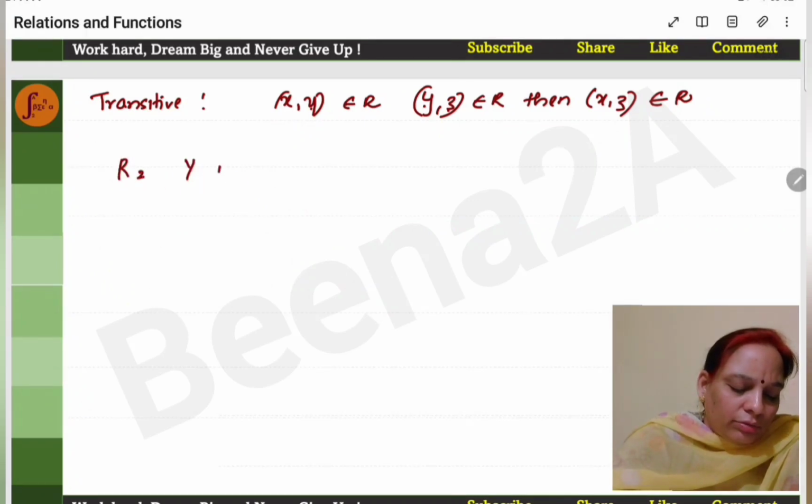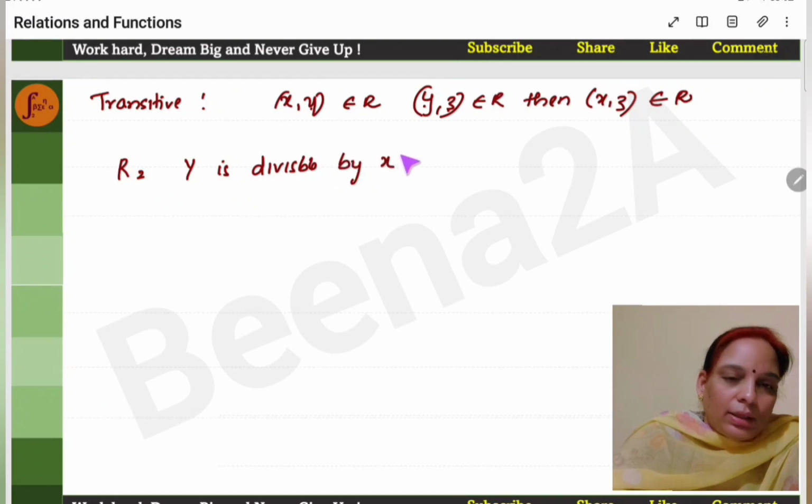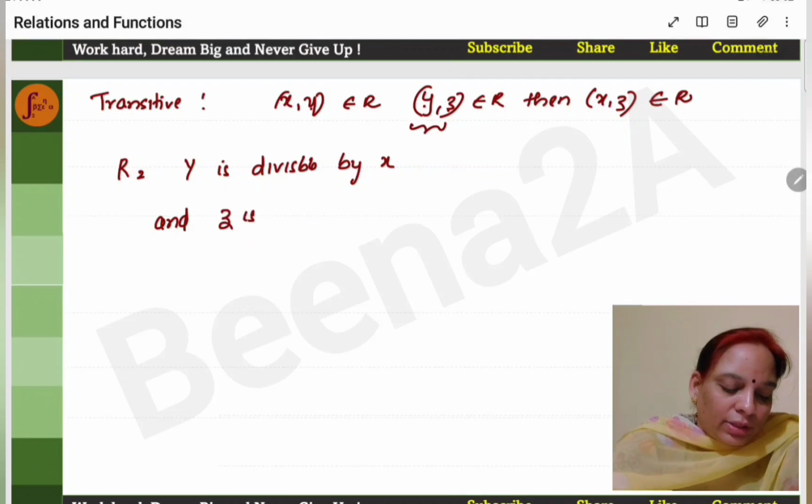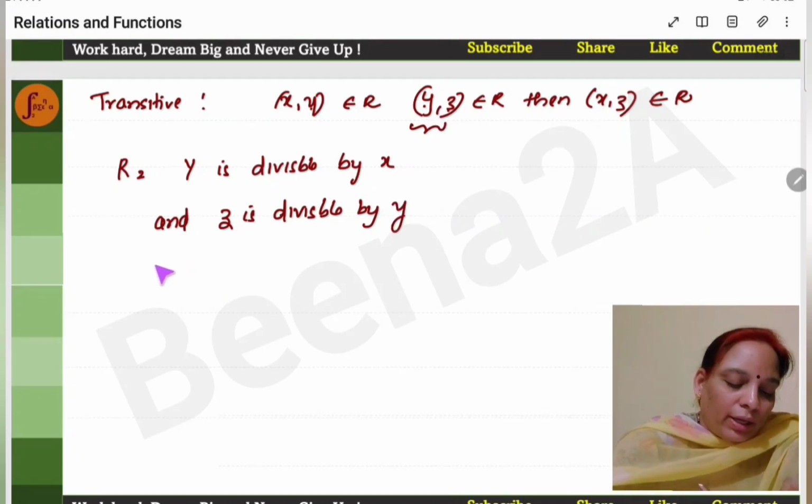Relation is Y is divisible by X. If Y is divisible by X and what is the second case? Z is divisible by Y. And then what is this combination?